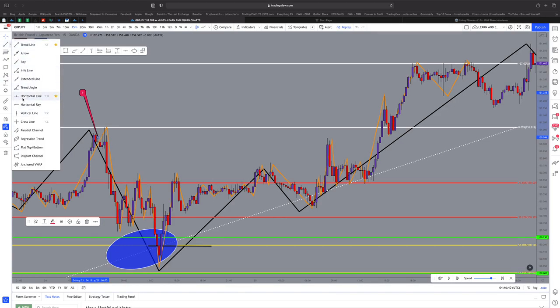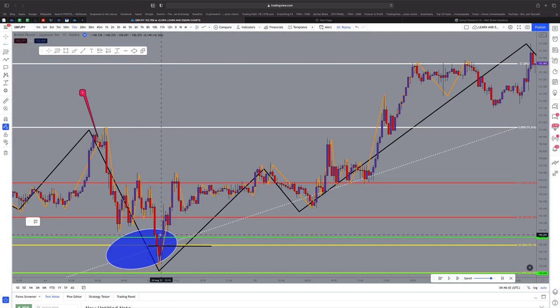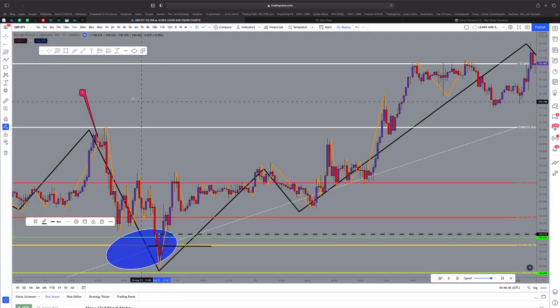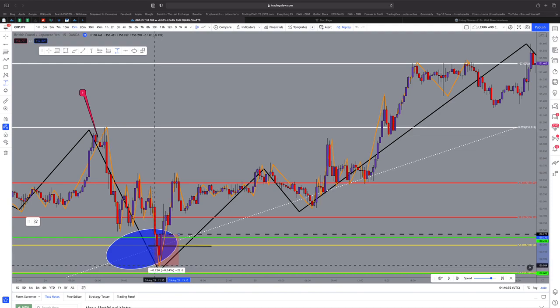So let's go ahead and mark this off. All right, we enter right here at this 15-minute candle close. Keep in mind that your stop loss could have been set to be for 20 pips right here, right? And now your 20 pips risk, right? You went instantly into profit.